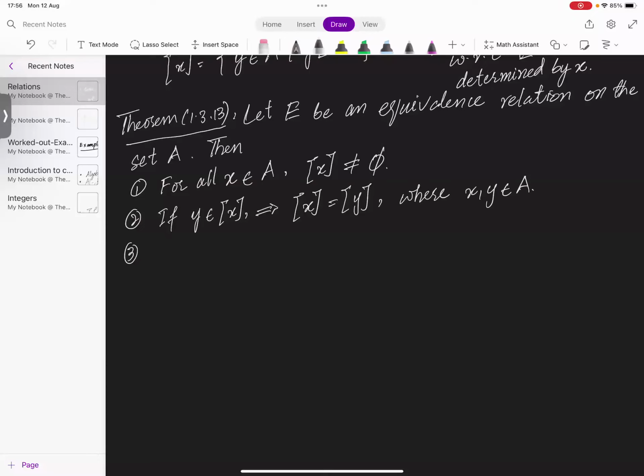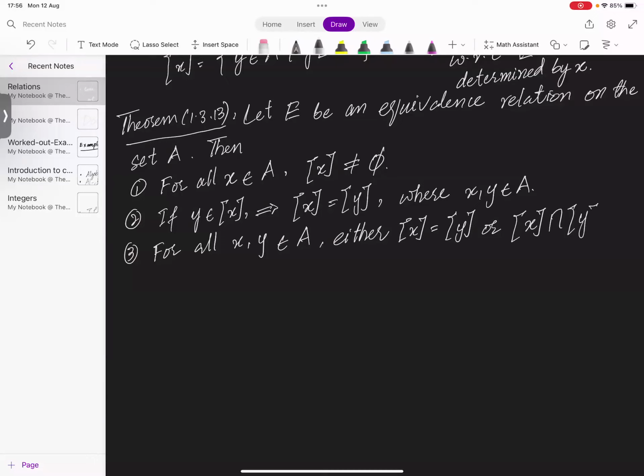3: for all x, y in set A, either their equivalence classes are the same or equal, or the intersection between the equivalence classes is phi. There is nothing common.